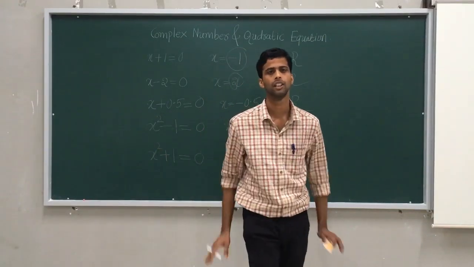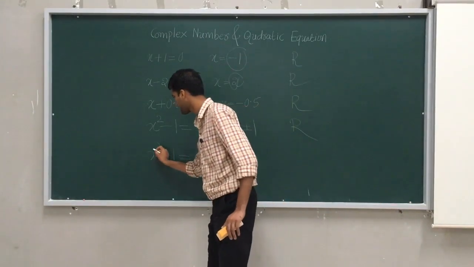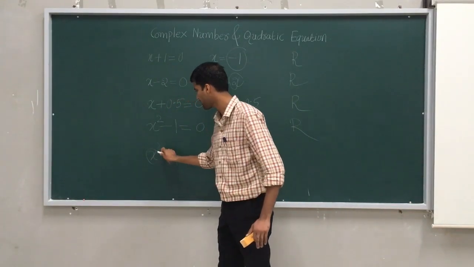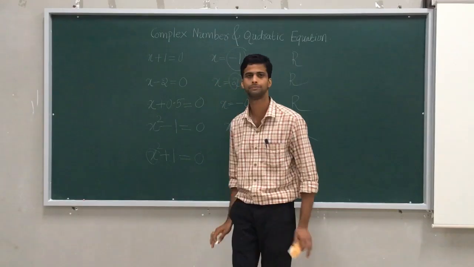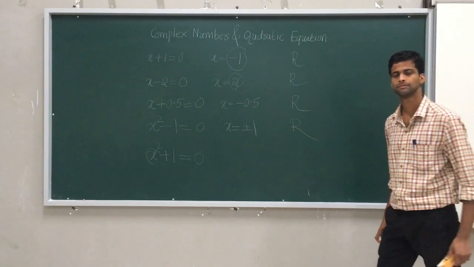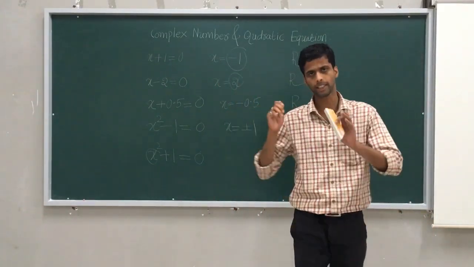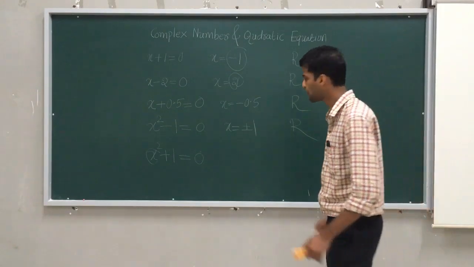Think for a minute. Do you have any number so that if I put it in place of x, its square plus something is going to be 0? I will give you a fraction of a minute. Please think, don't waste time. Do you have any number here?